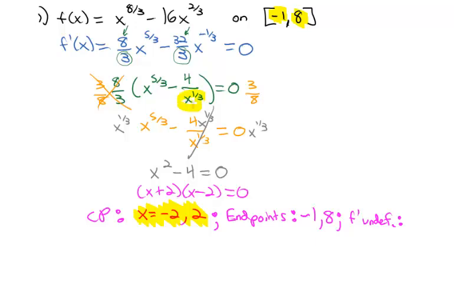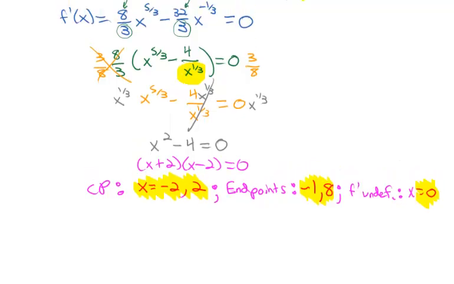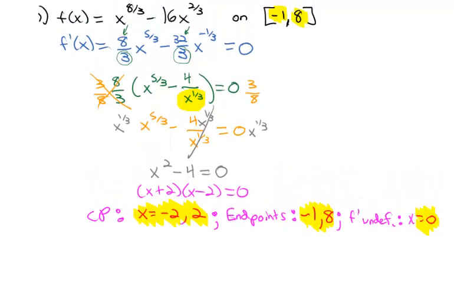You notice that we've got an x in the denominator of our derivative. That denominator cannot be 0, so it is undefined when x equals 0. So we need to check all of these points: negative 2, 2, negative 1, 8, and 0. One of them is going to be our critical point.